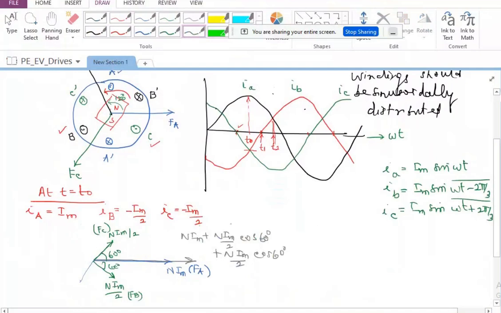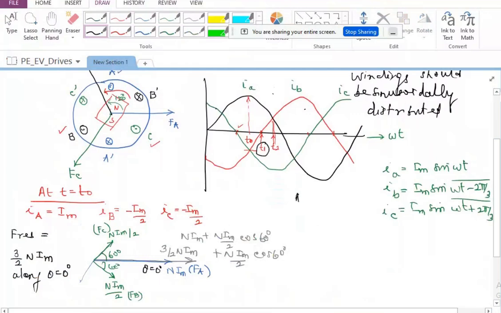So it will be NIM divided by 2 multiplied by half, and NIM divided by 2 multiplied by half. So the total is going to be 3 by 2 NIM. So I should say under this condition, the resultant MMF or resultant flux is going to be 3 by 2 NIM. And if I may call this theta equal to 0, this is going to be along theta equal to 0 degrees.